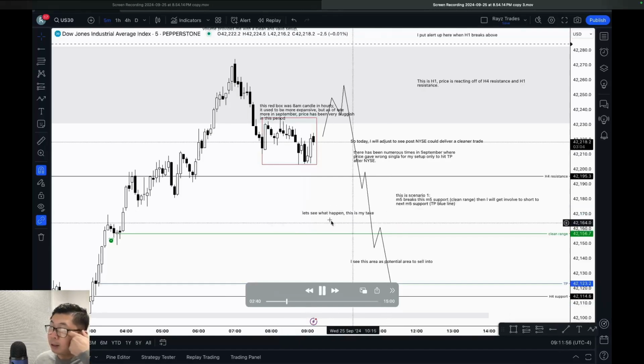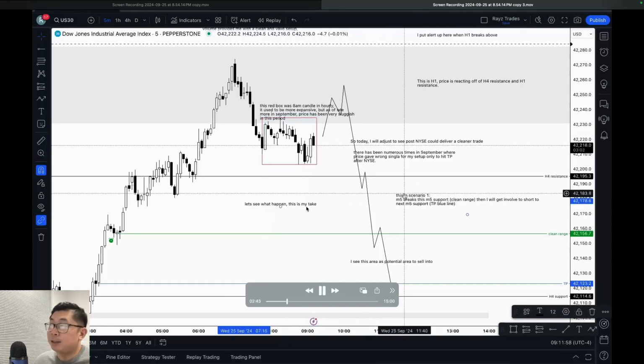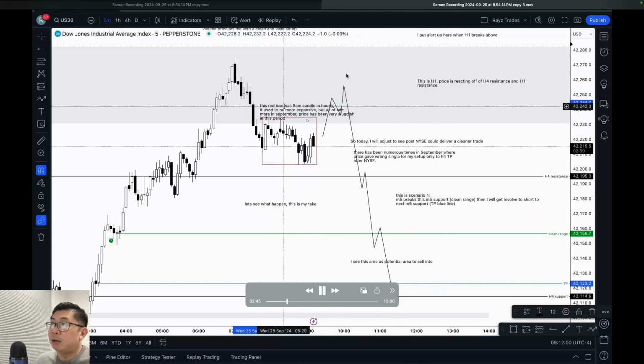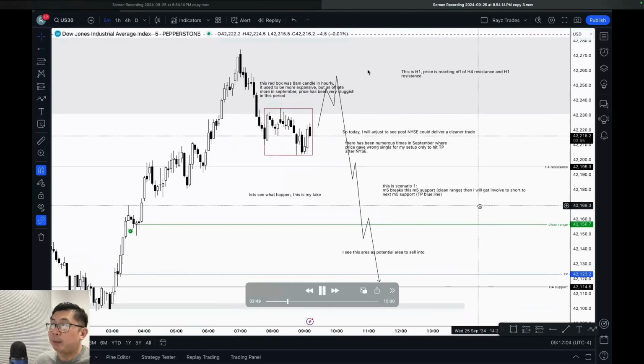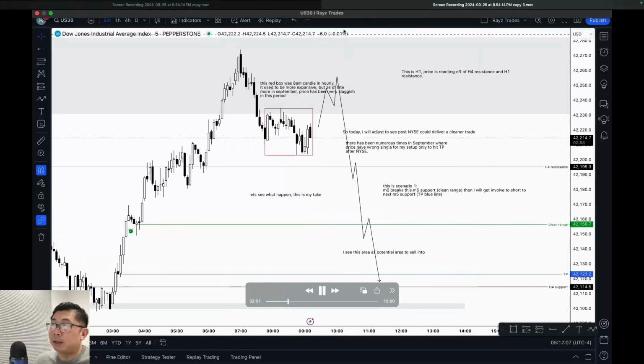So I said, let's see what happens, but this is my take. I didn't draw the pathways all the way up there because I anticipated it's only going to be a wick, not weak, strong, but as in wick. It's going to wick above it, and then come straight inside that 1 hour range. That's why I didn't draw the pathways all the way up there.